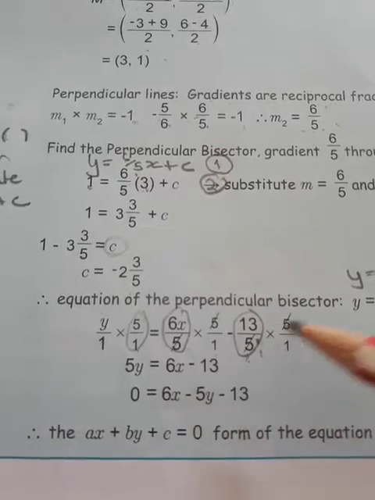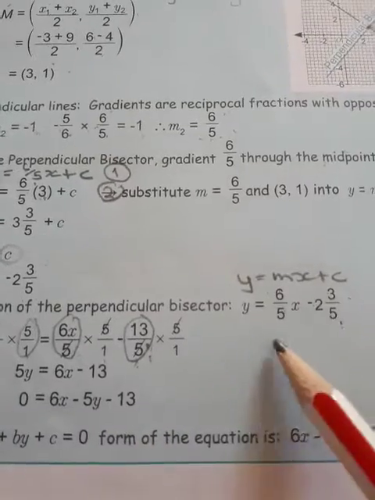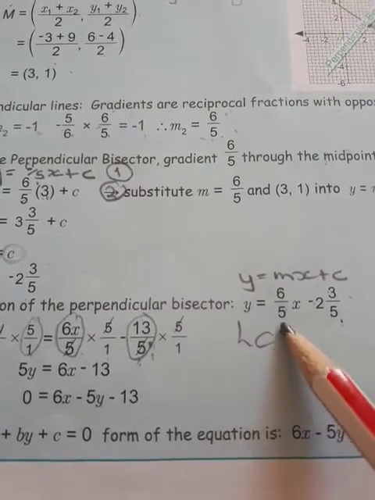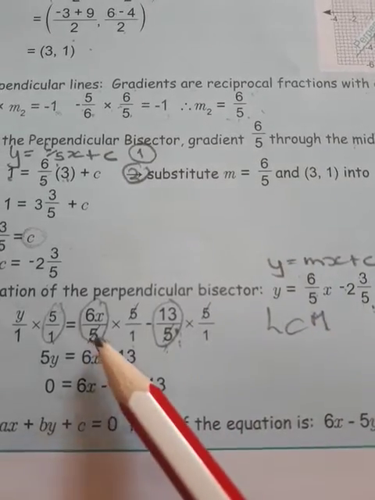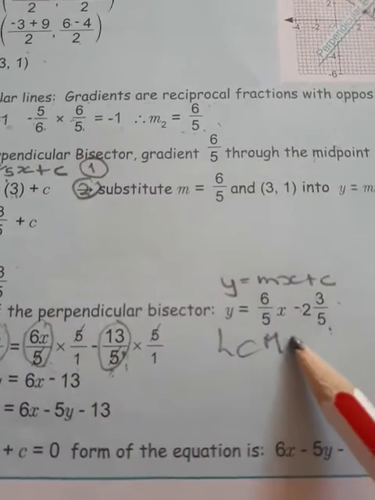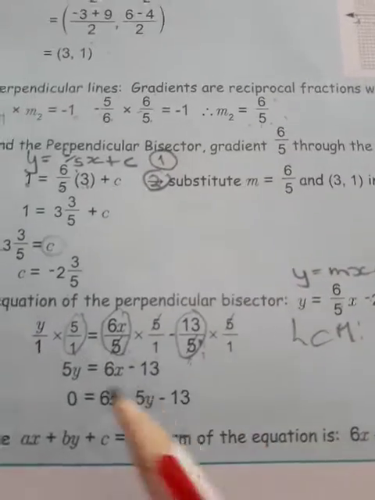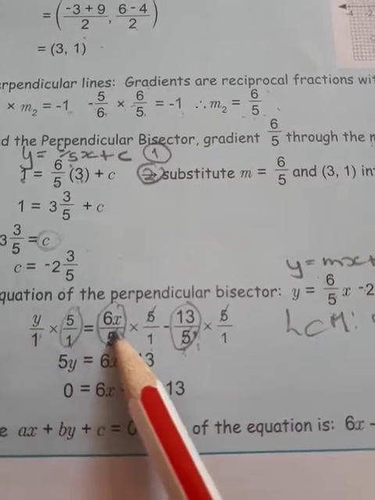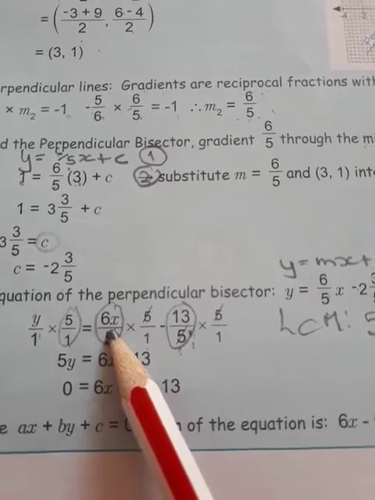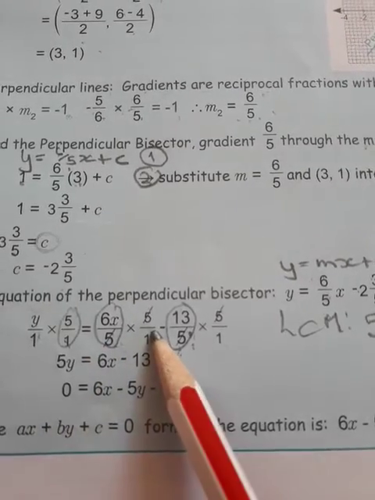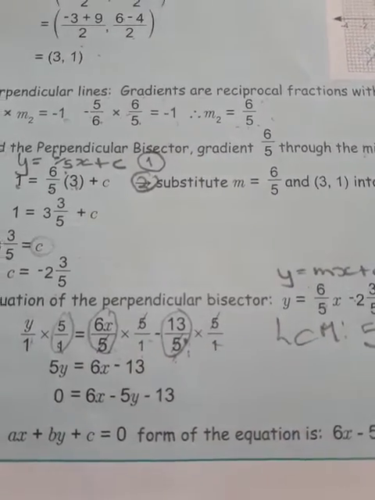The lowest common multiple of the two denominators, 5 and 1, is 5. And we learned that we multiply each fraction with the lowest common multiple.